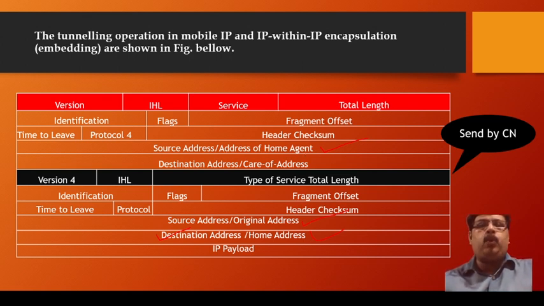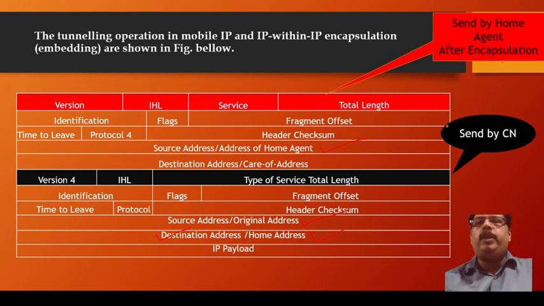This becomes the source when it is encapsulated and sent. Then from the source address it is linked to the address of the home agent. Now the destination address will be changed to the care of address.